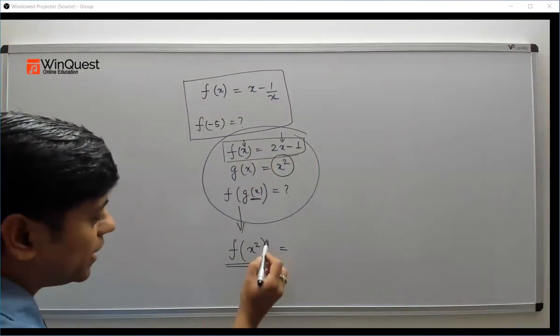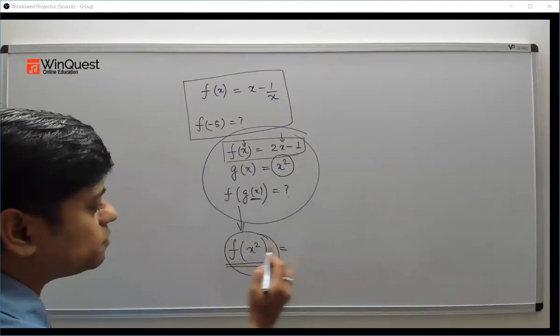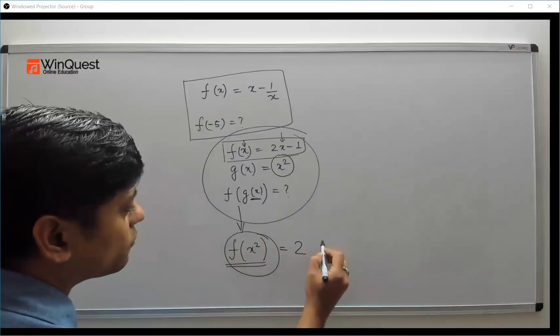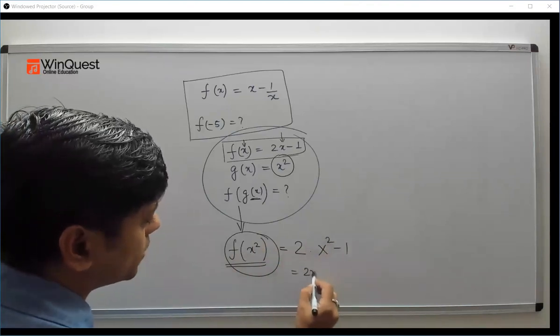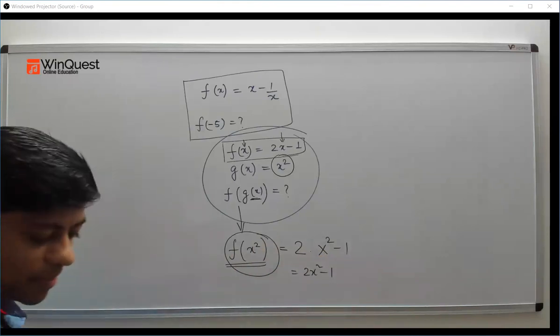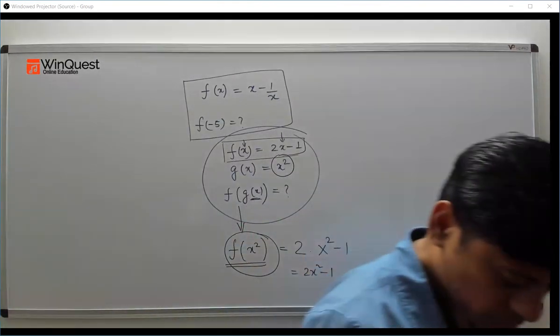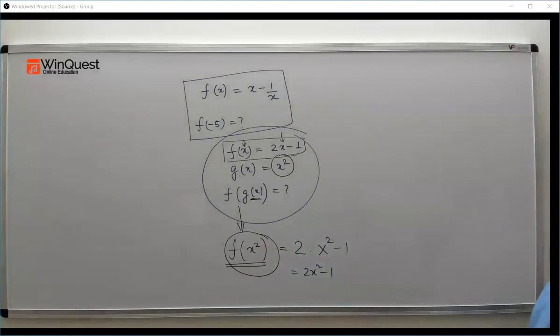So we have to finally calculate f of x square, which becomes 2 of x square minus 1, 2x square minus 1. Does it make sense? Anybody who is not clear?